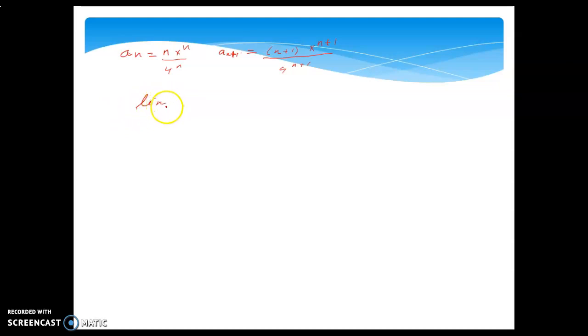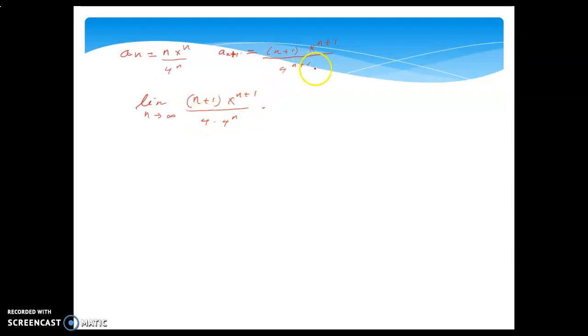We take the limit of a_{n+1} over a_n as n goes to infinity. For this one, we are going to have n plus 1 times x raised to the power of n plus 1 over 4 times 4 raised to the power of n.